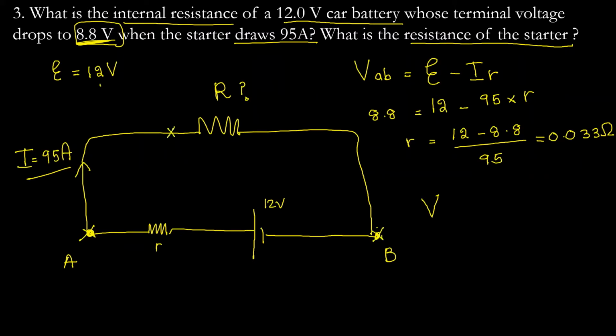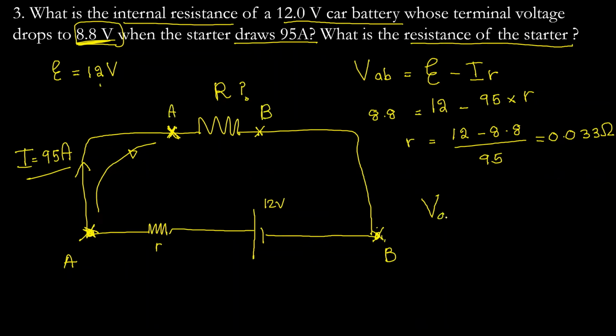We know there is no voltage drop across these wires. So whatever the voltage here is the same as VA. So this point is identical to point A. There's no voltage drop across the wire. In the same way, the voltage at B is the same as the voltage at this place.